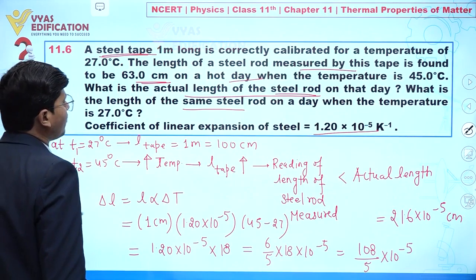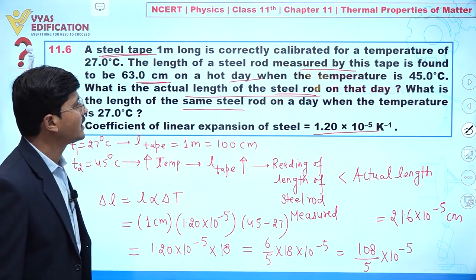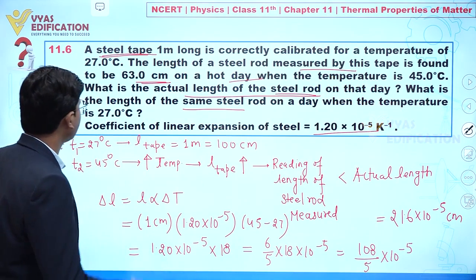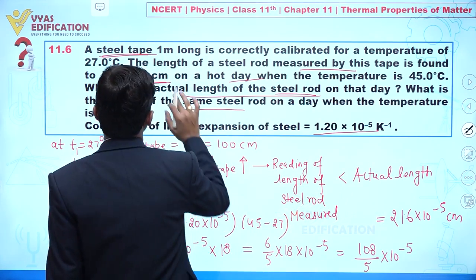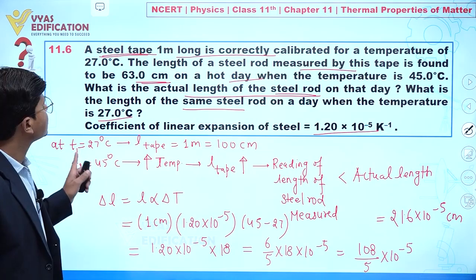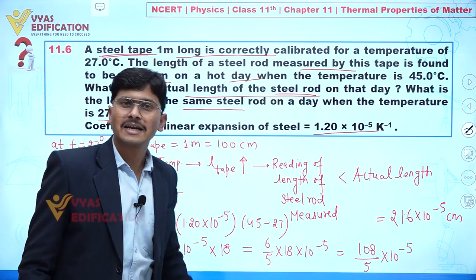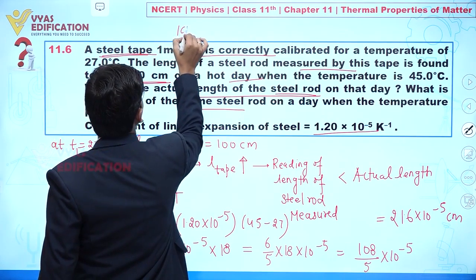Clear? Now it is also asking in this question what is length of same steel rod on a day when the temperature is 27 degree Celsius. So at 27 degree Celsius, actually this steel tape is correctly calibrated. Clear? At 27 degrees Celsius, this steel tape is correctly accurate, means one division of this steel tape provides value of 1 centimeter.